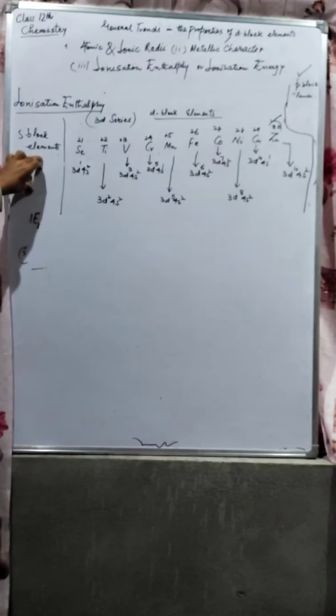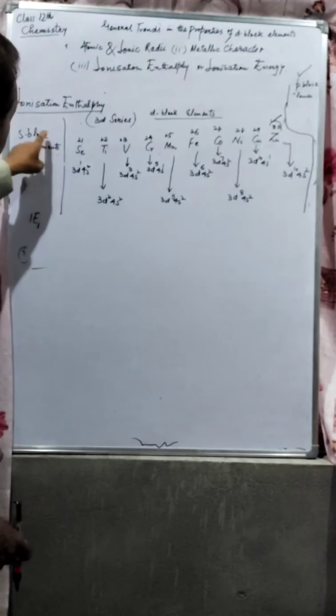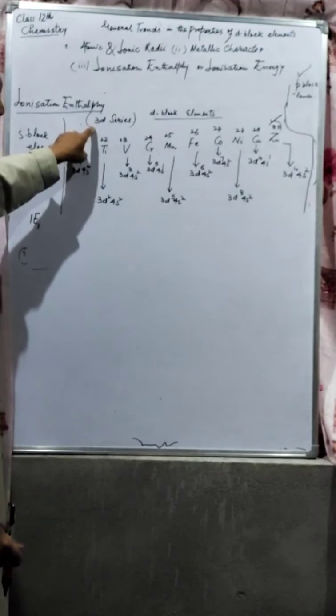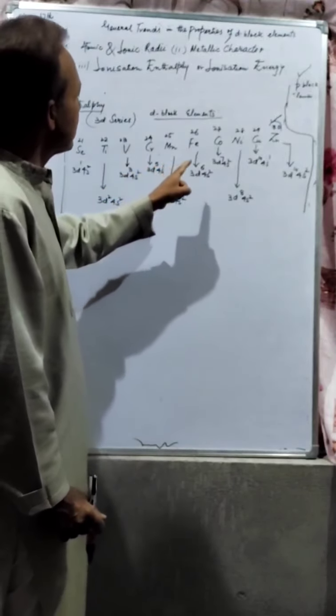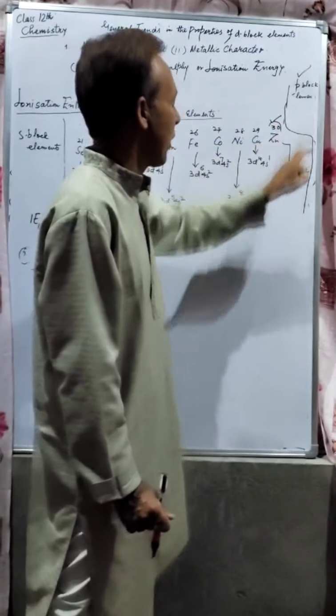The s block elements have smaller ionization enthalpy than these d block elements, and the ionization enthalpy of these d block elements is smaller than p block elements.